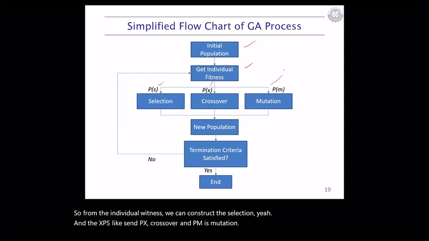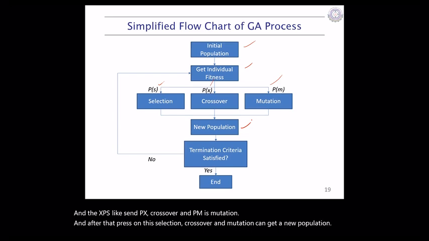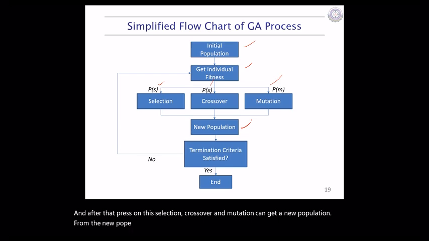After that, based on selection, crossover, and mutation, we get a new population. From the new population, we check whether the termination criteria are satisfied.